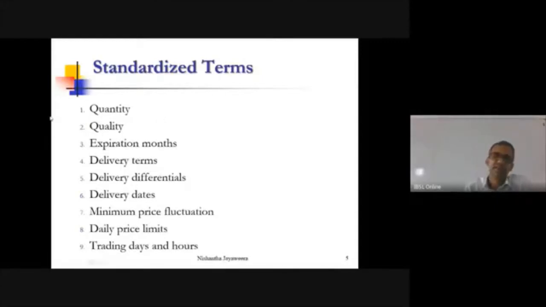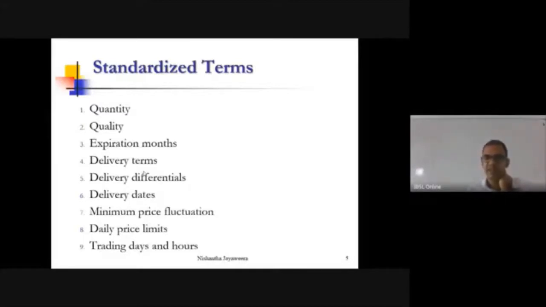Then the expiration month, in which month the contract expires, and delivery terms, if there's any physical delivery, to where you should deliver, what are the places of warehouses, or from where you collect it. If you are a buyer of oil, they will specify this is the warehouse in this place. You can collect your goods, oil barrels, from that warehouse.